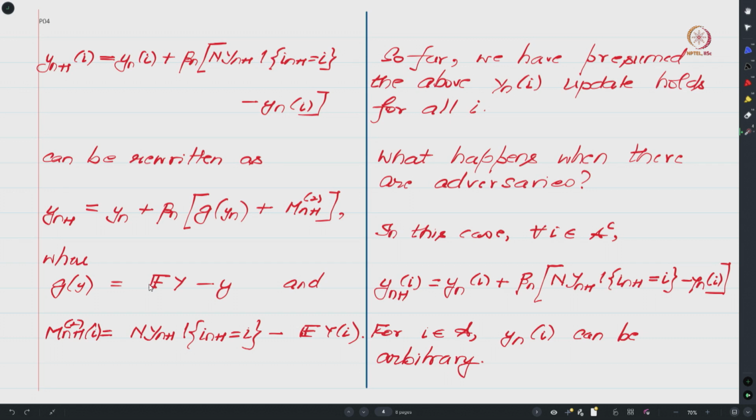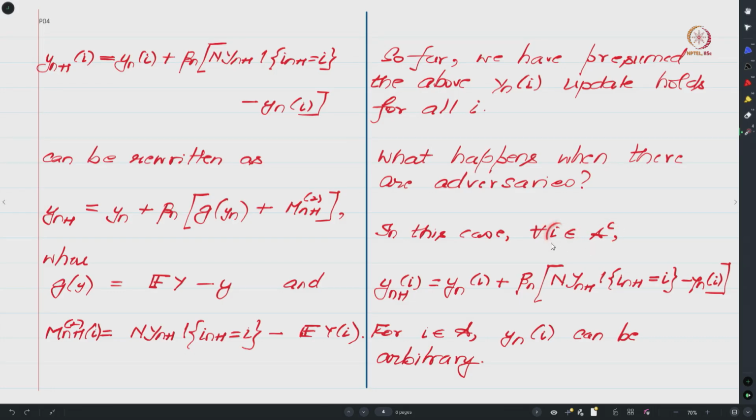So far we have presumed that there are no adversaries, which implies that whatever update rule we have mentioned over here is what is being done at all values of i, right. Now we want to go to the scenario that we were studying, which is when a small subset of these i values are adversarial in nature, which means that let's denote these adversarial indices by calligraphic A. So here I have the complement of this.